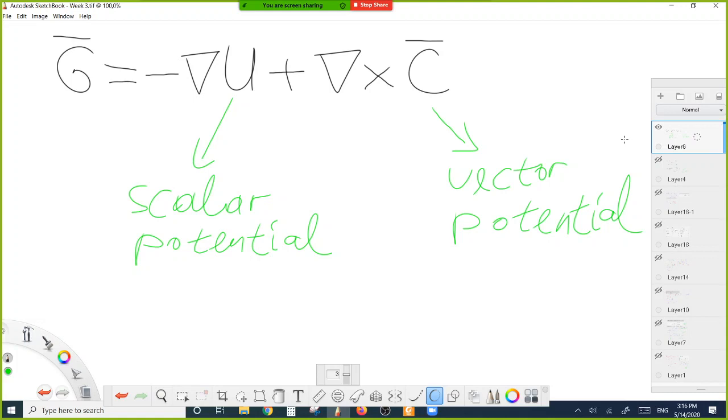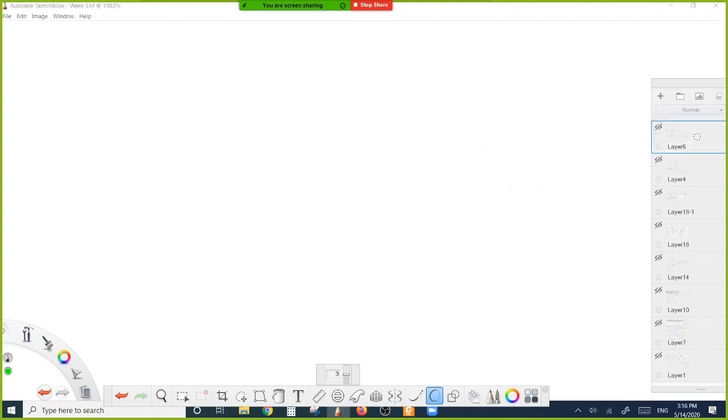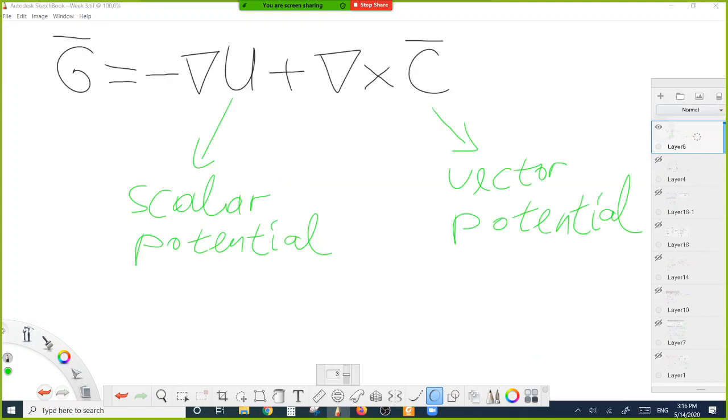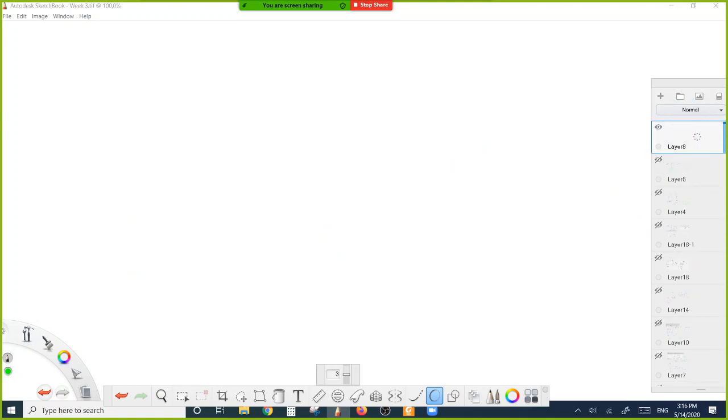First, I define by f some generic vector field.